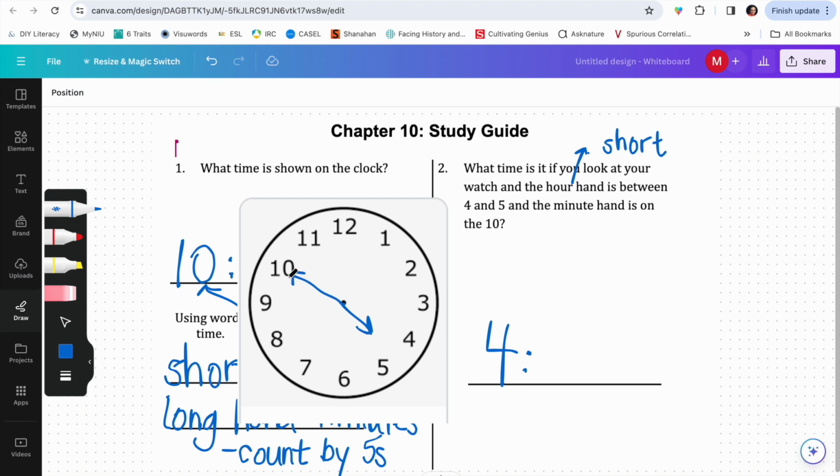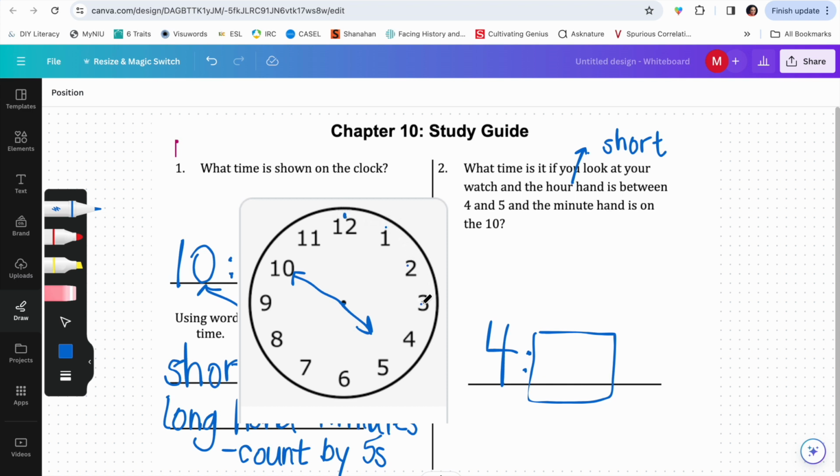And the minute hand is on 10. It's not 4:10 because, of course, we know that in minutes, we're always going to count by 5s. So let's start at 12 and let's count all the way around by 5s to figure out what is the minute portion of this time. So here we start at 0, and we're going to start counting by 5s at 1.